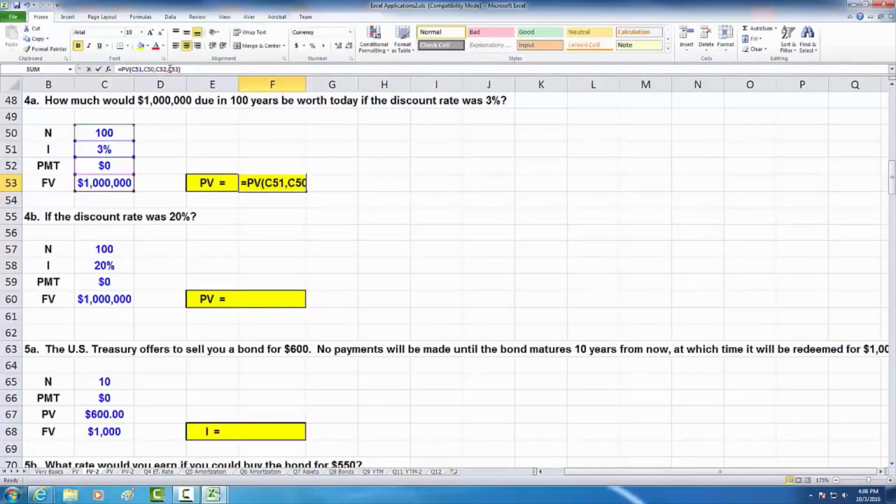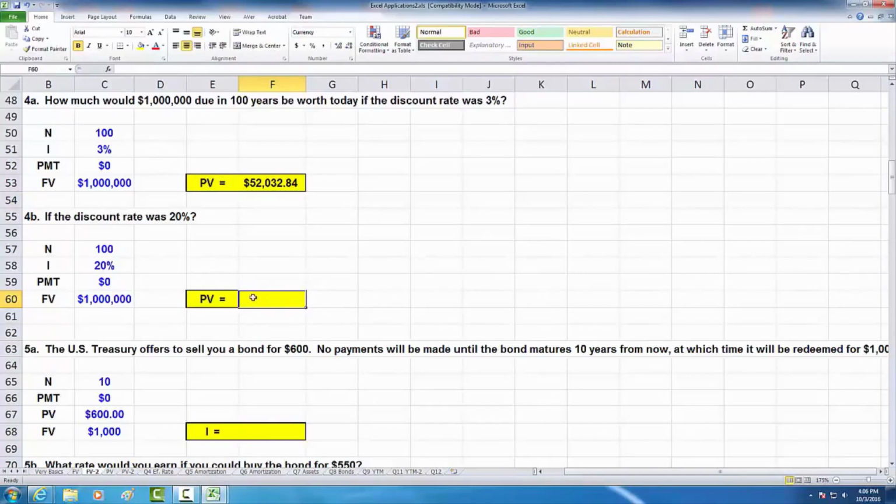Again, I forgot the minus sign here. Okay, here's the answer. So how would our answer change if the discount rate was 20%? Okay, you can use again the same formula. This time change the rate to 20%.